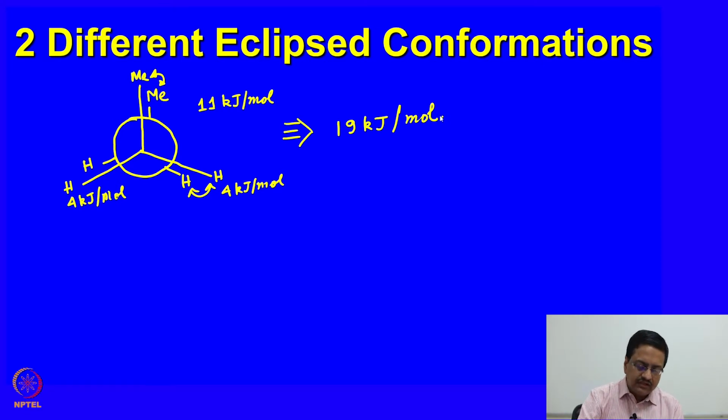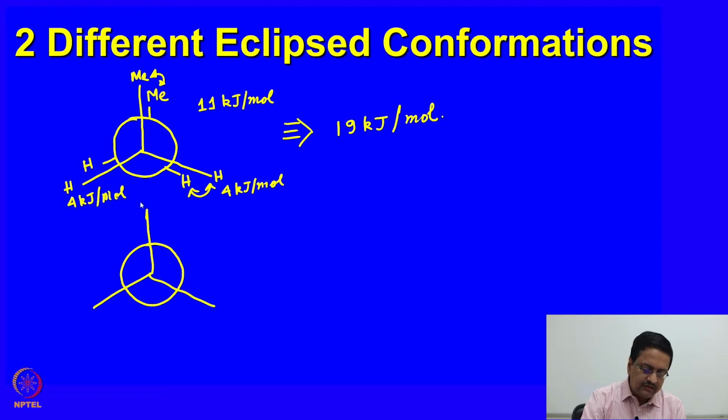When you look for the other eclipsed conformation, which is not fully eclipsed conformation, rather partially eclipsed conformation, in that, the methyl is eclipsed with hydrogen, and here the hydrogen is eclipsed with the methyl group, and we have two hydrogens which are eclipsed.